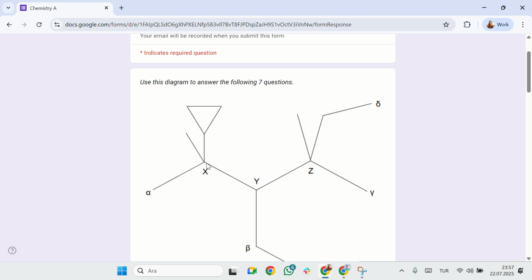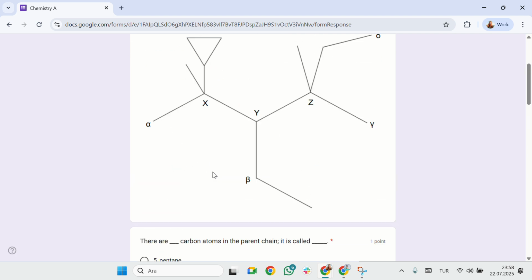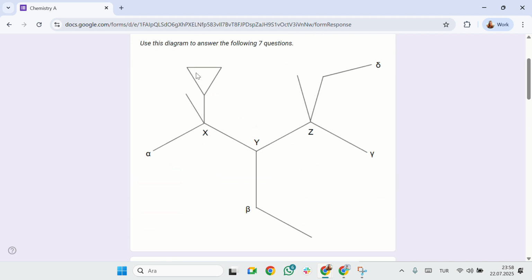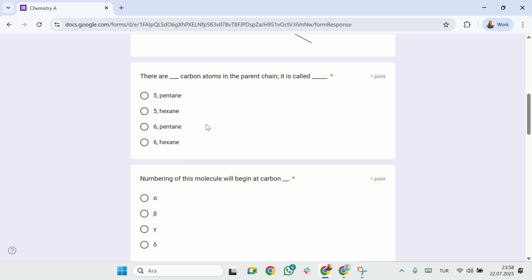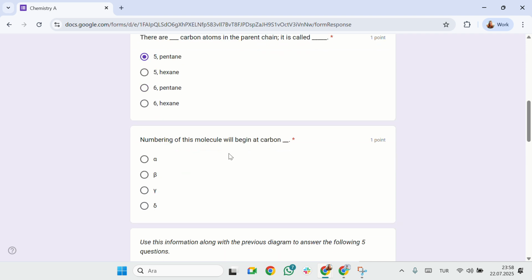Okay, let's count these two. 1, 2, 3, 4, 5. Let's say this has 5 carbon atoms, and actually I know the word for 5 is pentane, so I'm gonna go with this. Okay, let's move on to the second question.